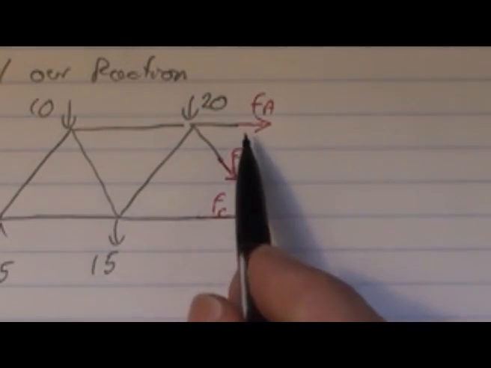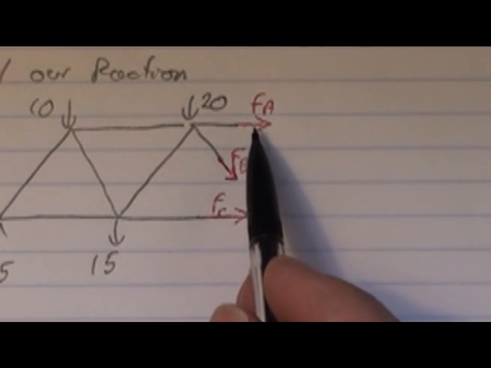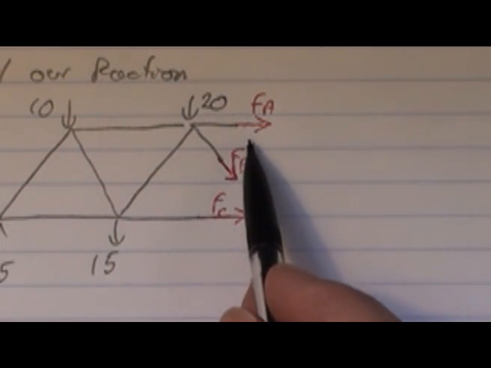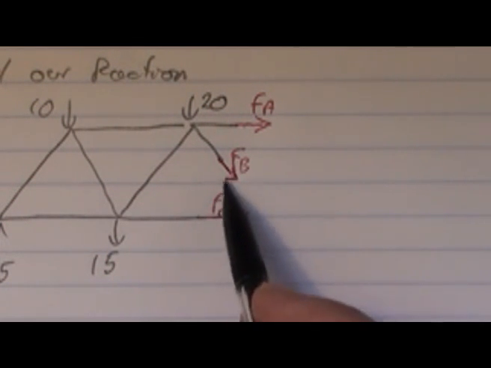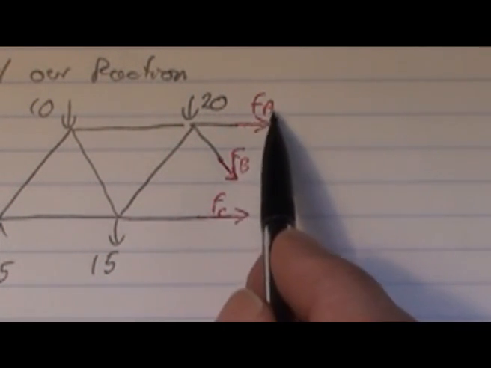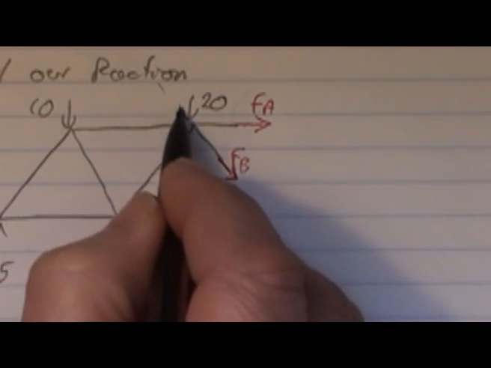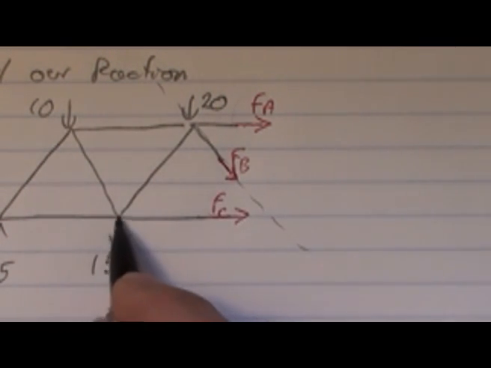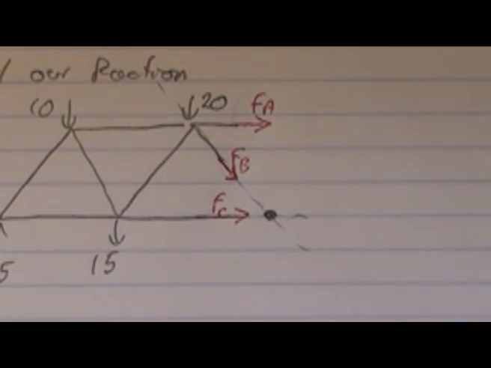So first one we want to find is force FA. To do that, we need to take moments about the point where the other 2 forces that we don't know cross. I'm trying to find FA, so take the line of action of FB and the line of action of FC, and take moments about this point.